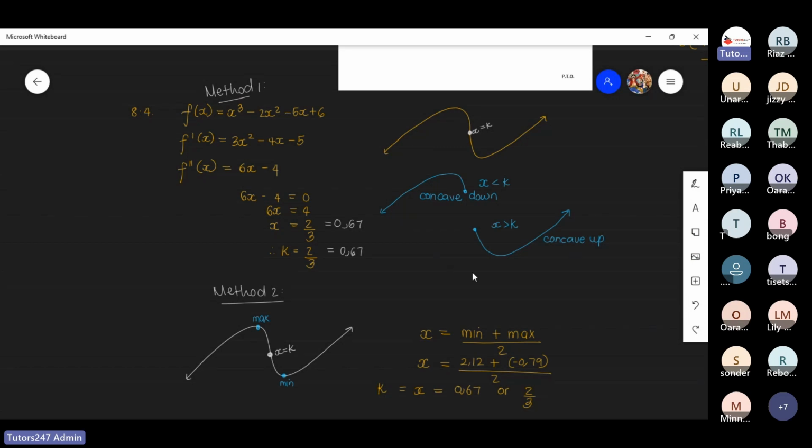If you do not have an equation, but you have the x values of your stationary points, because sometimes they can tell you the equation is unknown, but they can give you the x values of your stationary points on your graph, all you need to do is add up the two x values and then divide by 2, because your point of inflection is the midpoint of your stationary points. So that is question 8.4.